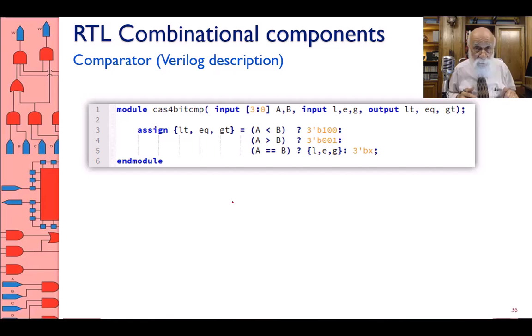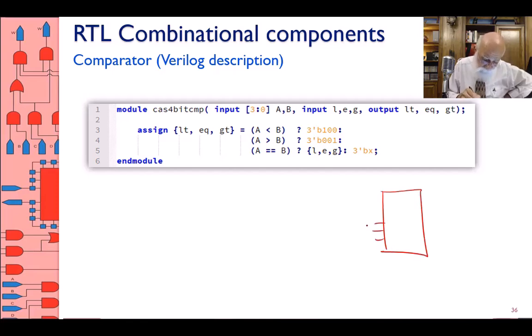What's the Verilog description? I'll show you the circuit in a second. You have two 4-bit inputs, A and B. You have the less than, equal, and greater inputs and outputs. The 3 outputs of this unit are less than, equal, greater.